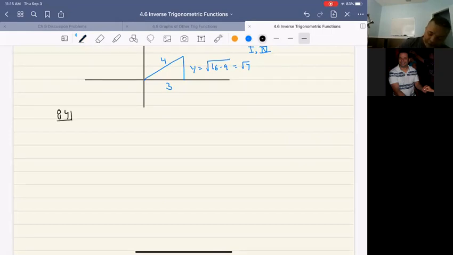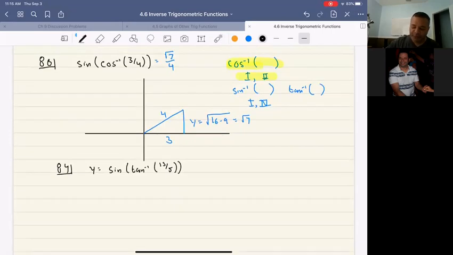Let's take y equals the sine of the tan inverse of 13 over 5. So again, we're going to draw our triangle. Really, if the number furthest inside is positive, you're going to be in the first quadrant.